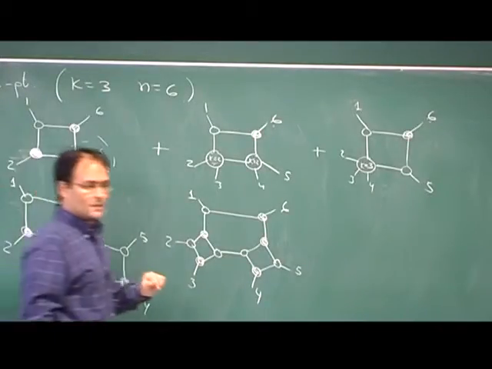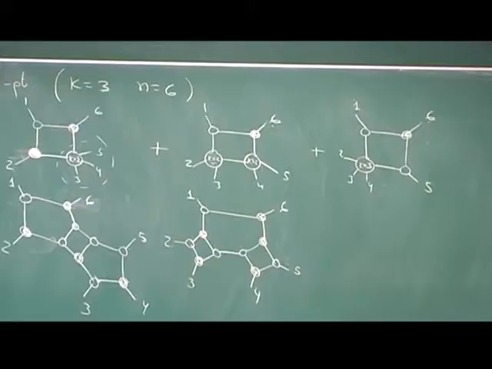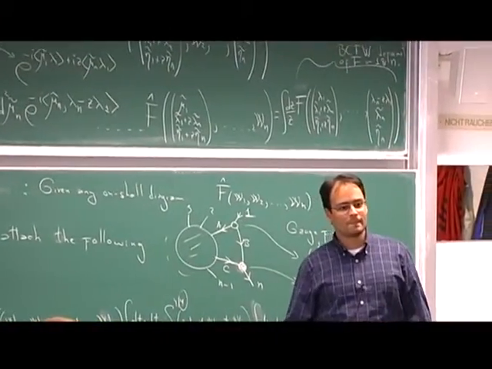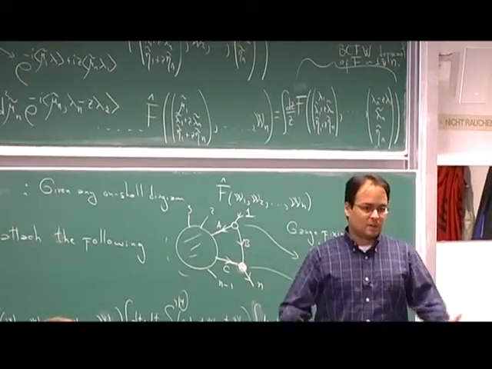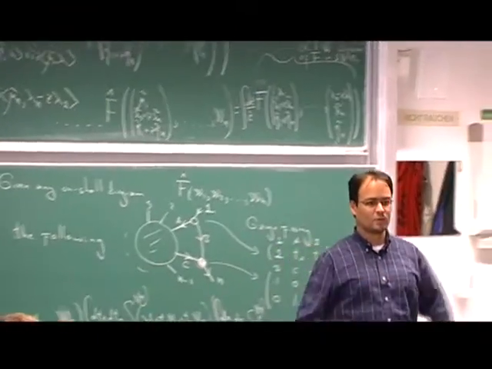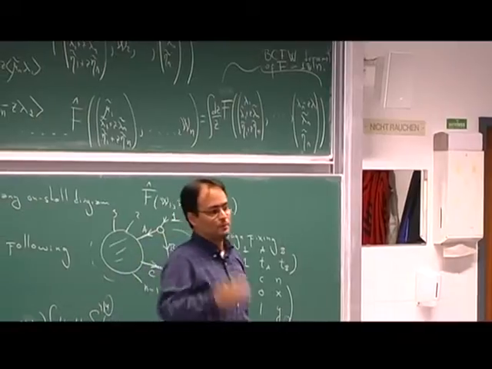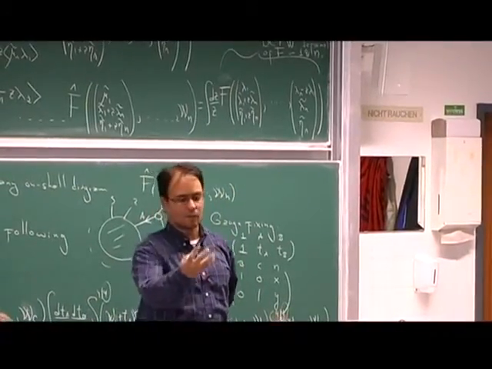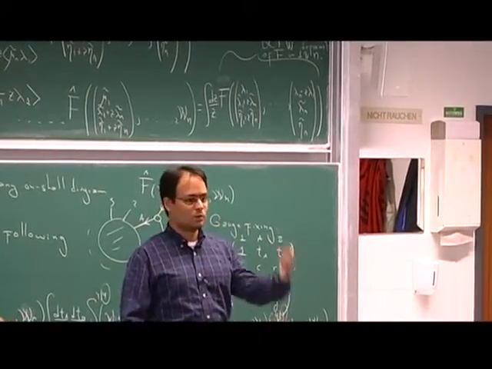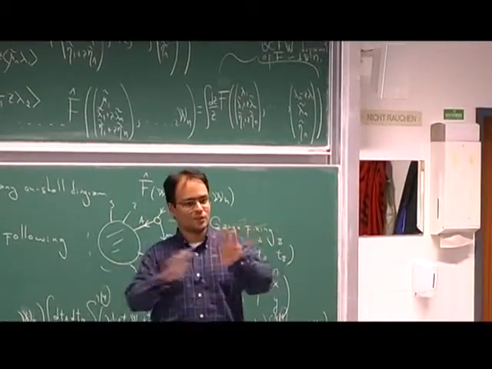What do you think parity is in terms of on-shell diagrams? If you want to apply a parity transformation to a given diagram, what do you have to do to the diagram? Yes, but in terms of the graph, is that something we can easily do on the graph? If you flip the helicities, that's a good starting point. What would happen to the black and white vertices? Exactly. They just interchange.